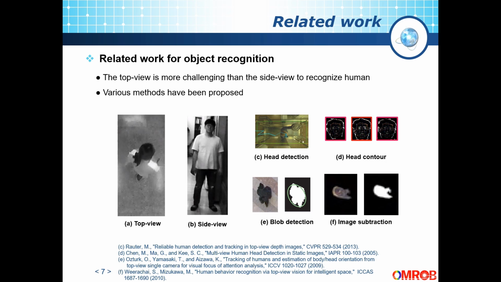Various methods have been proposed. Most detection algorithms use a constant shape pattern of the human's head. Another similar method is based on an elliptical shape approximating the head contour. Other approaches use image subtraction.